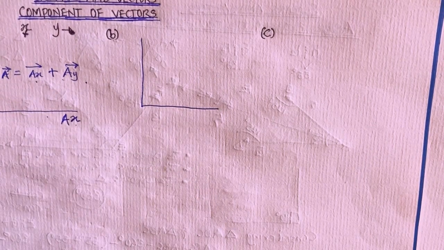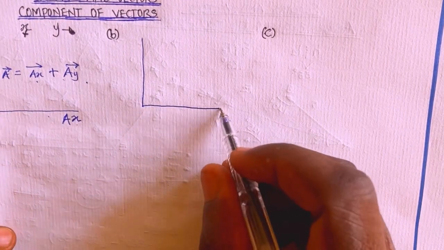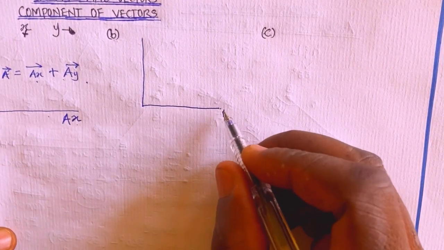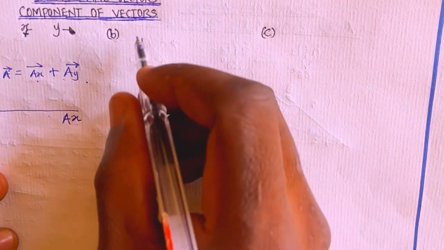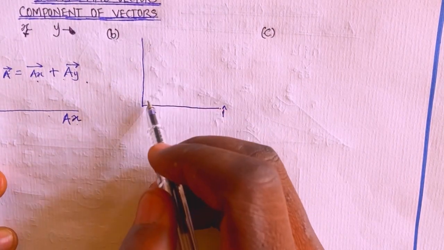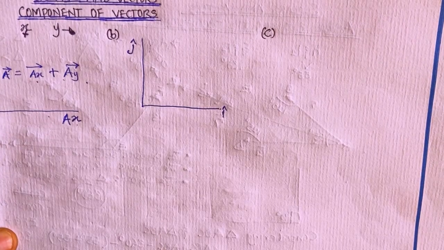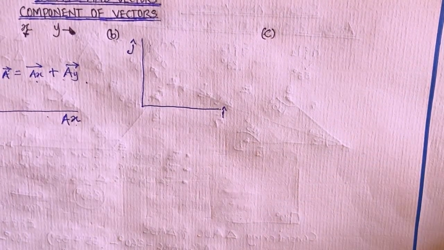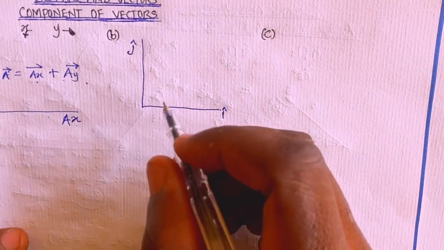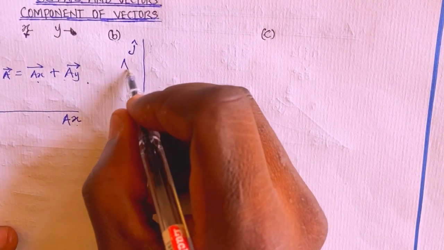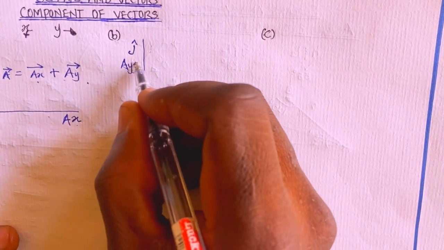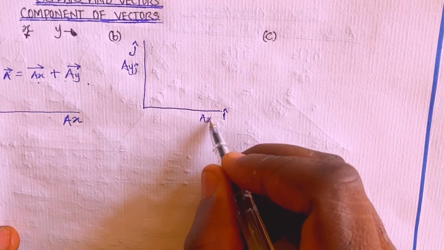So it is common to denote the positive x-axis as i, right? And it is common to denote the positive y-axis as j, as far as two components of vector is concerned. Then in this case, this side is taken to be AYj, right? And this side is taken to be AXi.